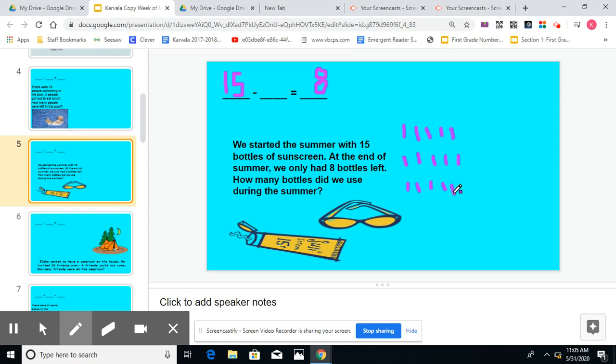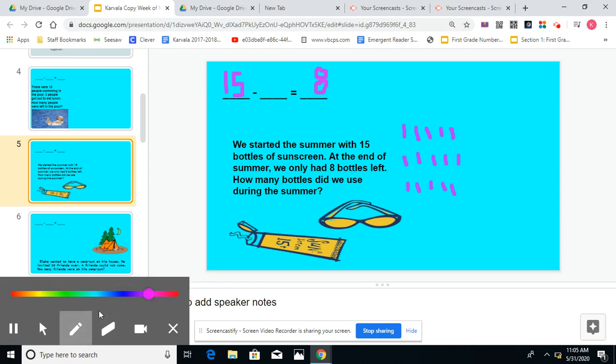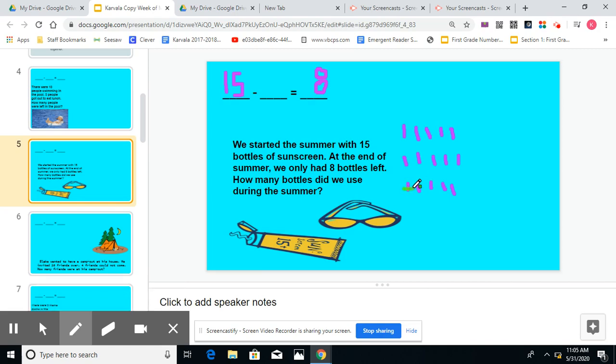Okay, I've got 15 bottles of sunscreen. At the end, we had 8. I'm going to go ahead and cross out 8 to see if I can figure this out. So I'm just going to go 1, 2, 3, 4, 5, 6, 7, 8. And then I'm going to count 1, 2, 3, 4, 5, 6, 7. Wow, it's 7. So I'm going to circle here.